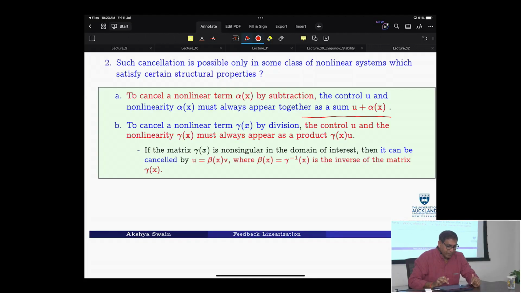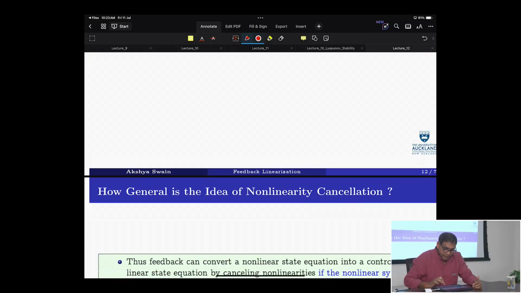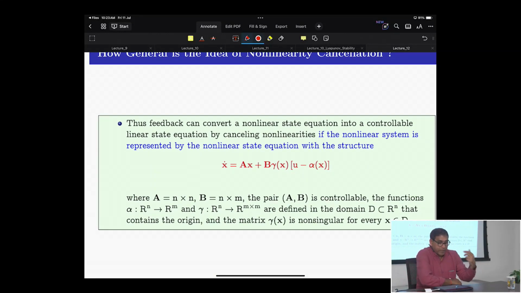To cancel a nonlinear term gamma(x) which is multiplied, you have to cancel it by division, so something different has to be done. Thus, feedback can convert a nonlinear state equation into a controllable linear state equation by cancelling nonlinearities if the nonlinear system is represented by a state equation of the form x dot is equal to ax plus b gamma(x) into u minus alpha(x).